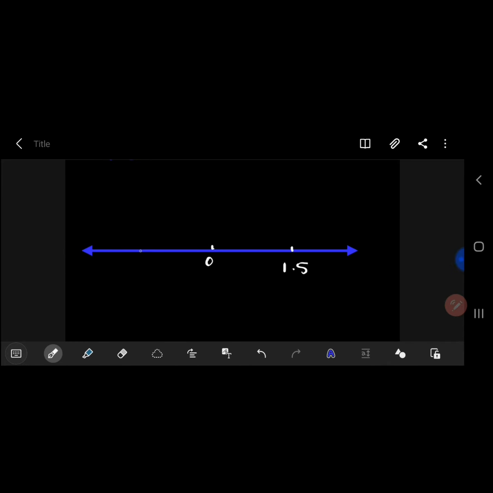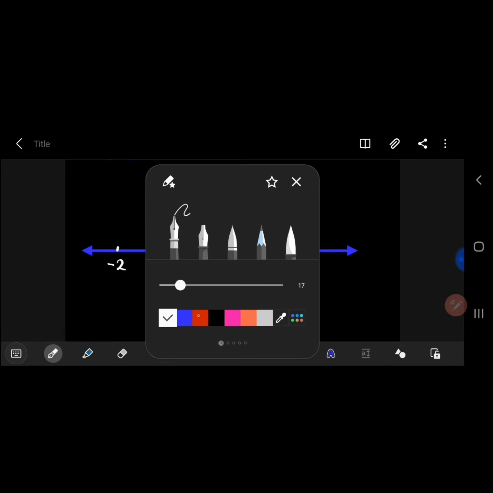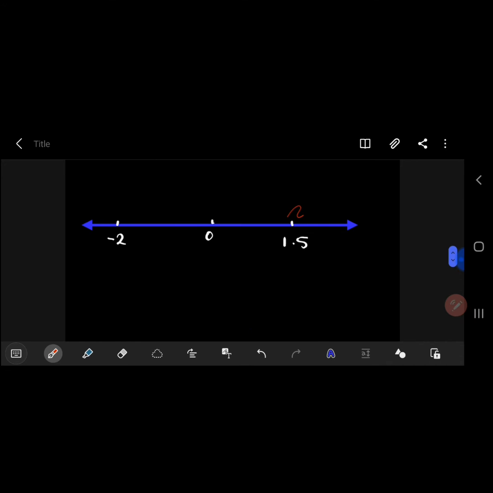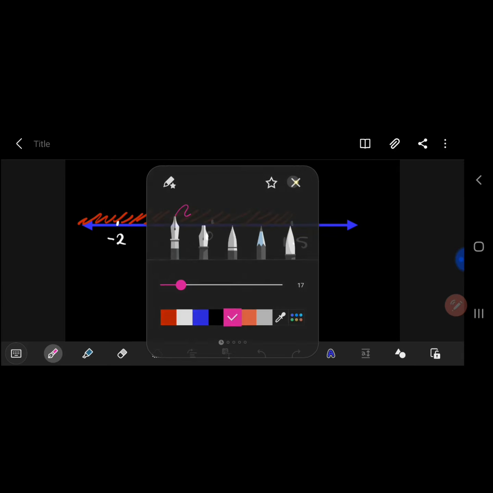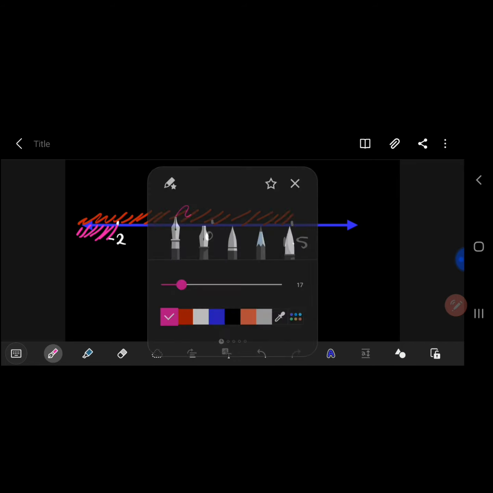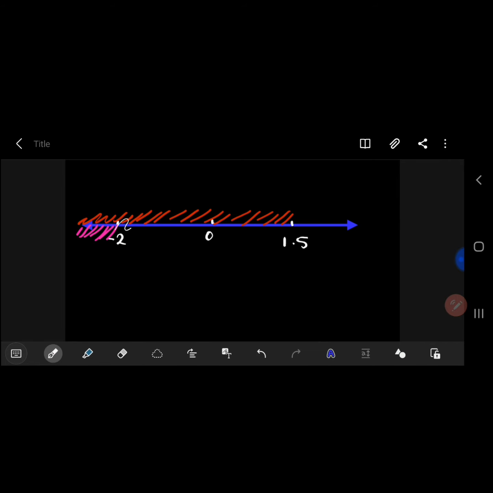The second value said smaller than 1.5. The first value said smaller than minus 2. So the common elements are between what? From minus 2 and smaller than it.